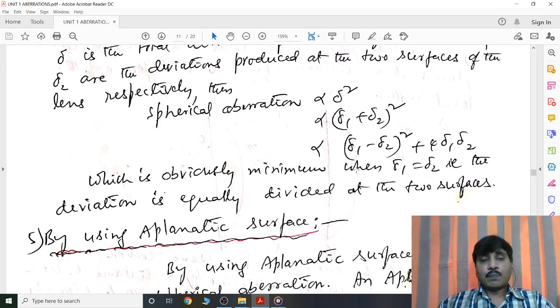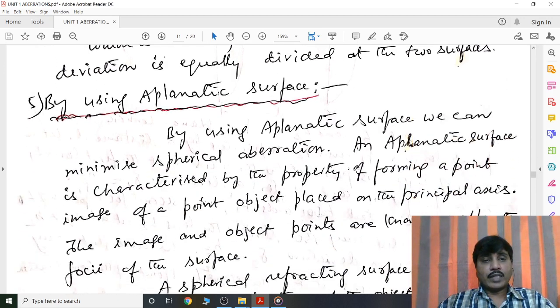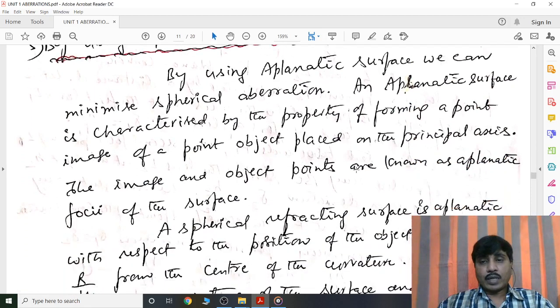So, the spherical aberration can be minimized by dividing the deviation of light rays equally at the two surfaces of the lens. Now, the next method is by using aplanatic surface, we can minimize the spherical aberration.